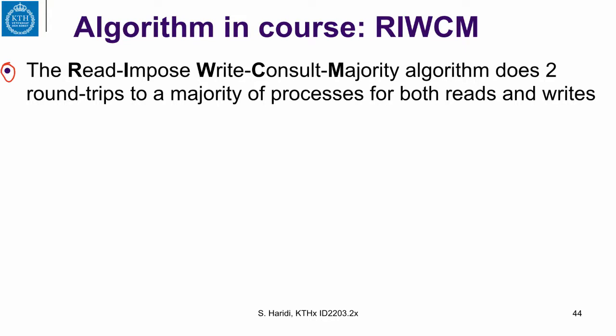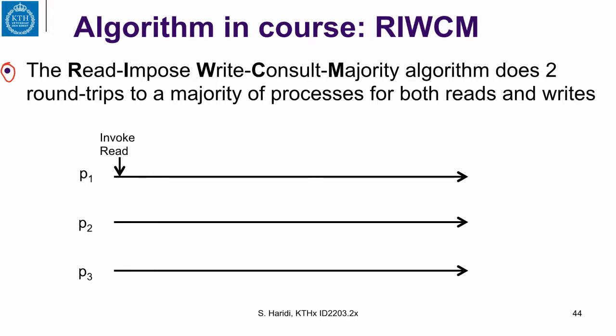The algorithm that we studied in part 1 of the course is the read-impose write-consult majority algorithm. What does this algorithm do? It does 2 round trips to a majority of processes for both reads and writes. Here is a typical example.